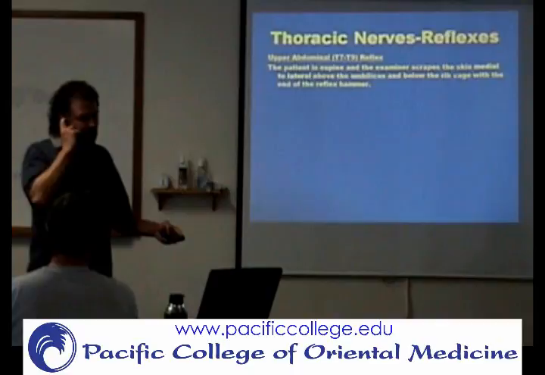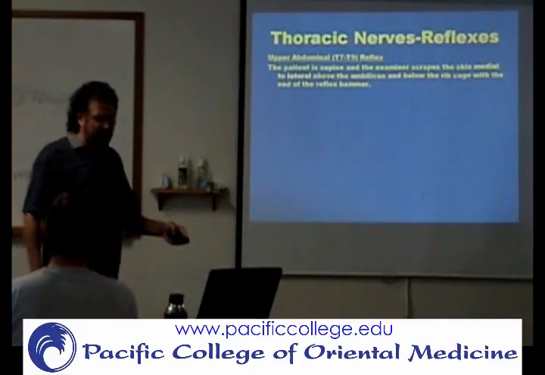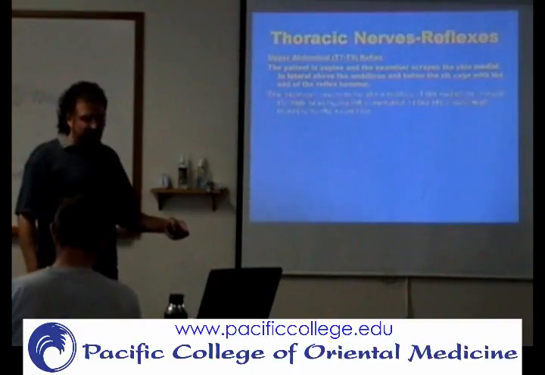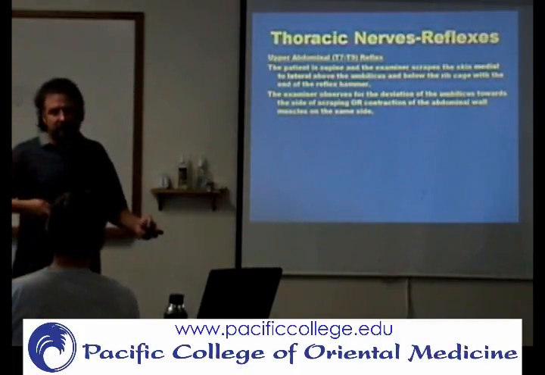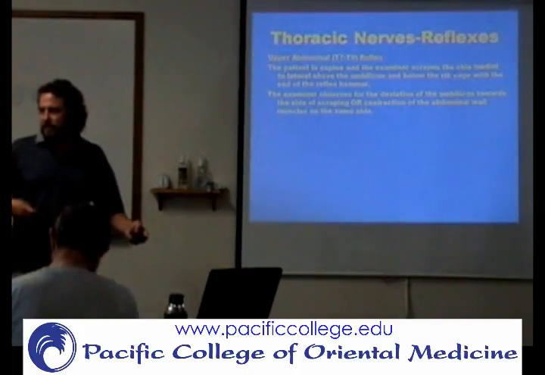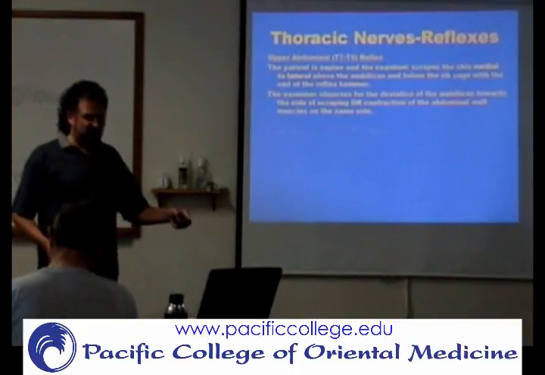There are a few abdominal reflexes, not usually done that commonly. Basically you take this end of the reflex hammer and strike the skin, and you watch for the umbilicus to move to that side.